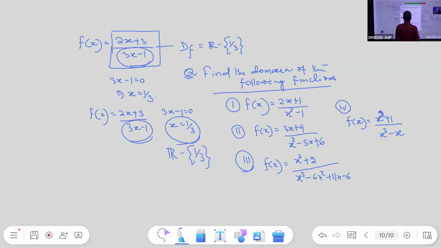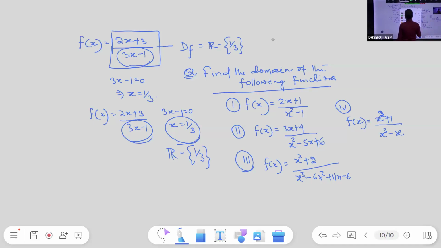Fourth is R minus 0, 1, minus 1. Yes, correct. Fourth one is R minus 0, plus 1, minus 1. Correct. What is the fifth one?